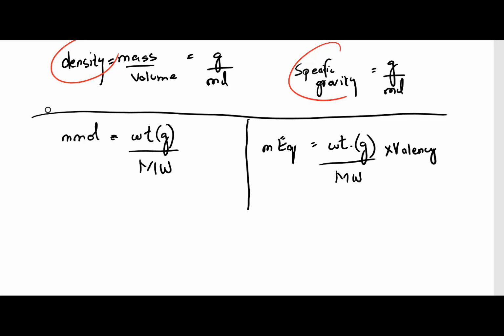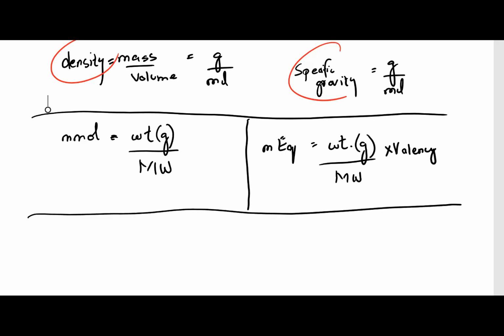You can see from the equation that for the compounds which have the valency 1, like sodium bicarbonate, sodium chloride, they have valency 1. So for these compounds, milliequivalents and millimoles are the same.